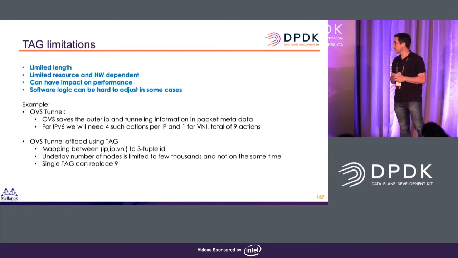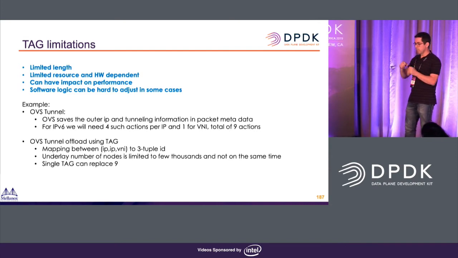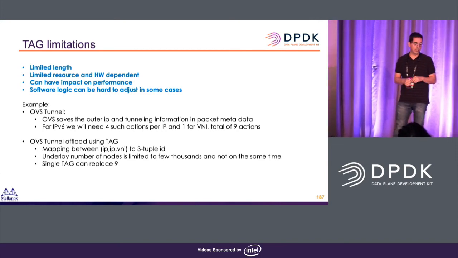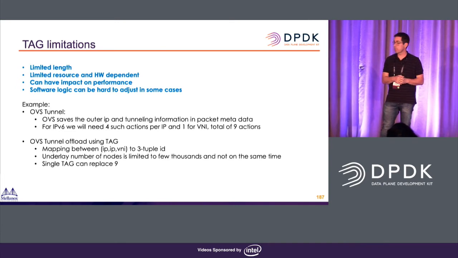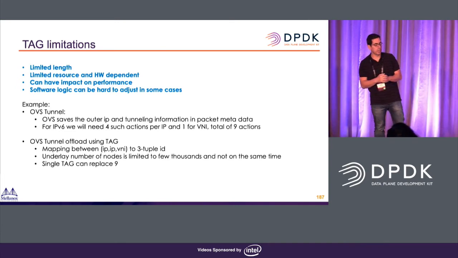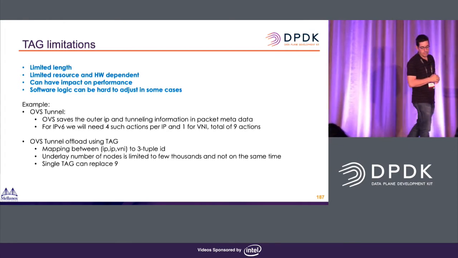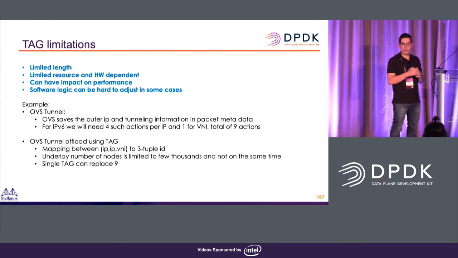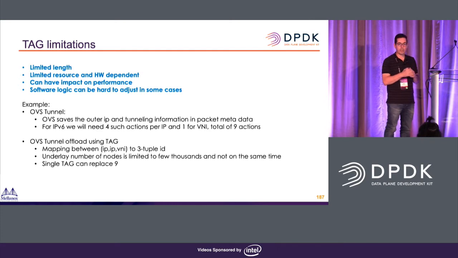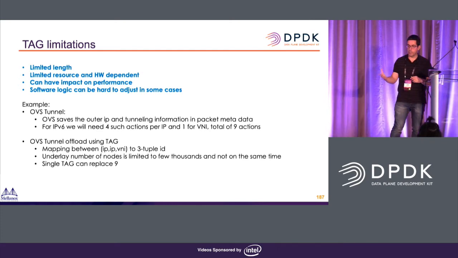Instead of putting this information in, we create in the software, before we do the hardware offload, a mapping between the source IP, destination IP, and VNI to a tag ID, and we use this tag ID instead of matching the 3 tuple. In this way, we save a lot of tags and also save performance.